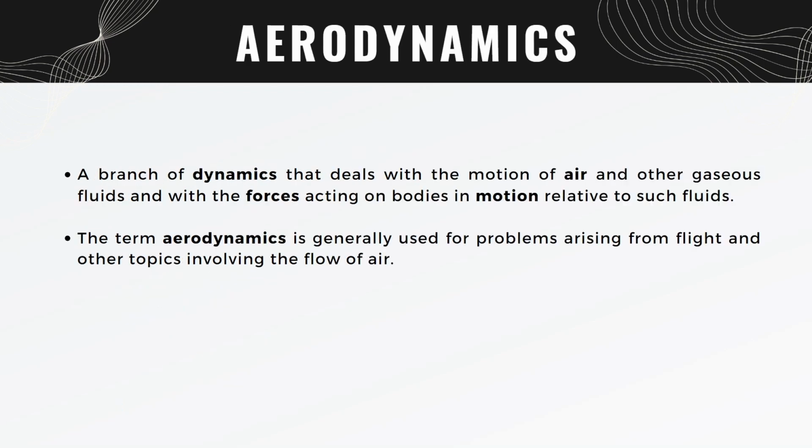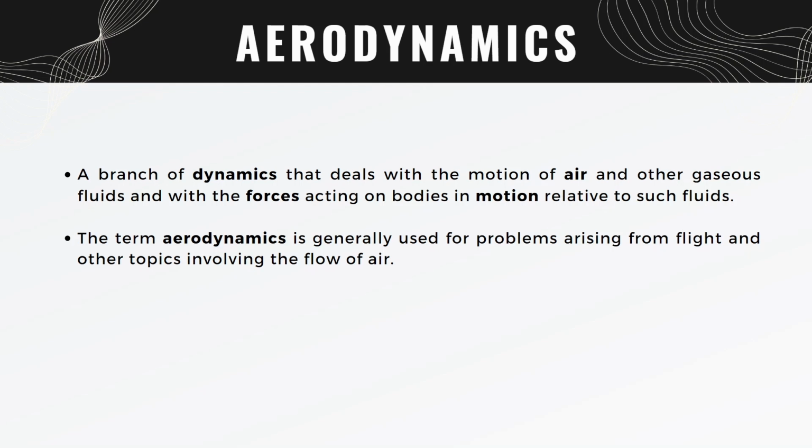So aerodynamics. Aerodynamics is a term made up of two words, as we can see. One is aero, another is dynamics. Now dynamics we know is a branch of mechanics which talks about the motion of bodies with reference to the force. So in simpler terms, in dynamics we talk about the motion of objects along with the cause of the motions, as in how the motion is being caused or what is causing the motion.